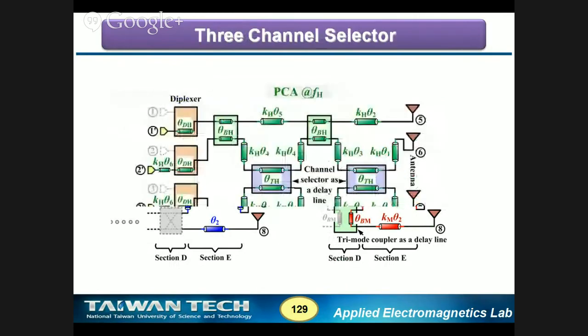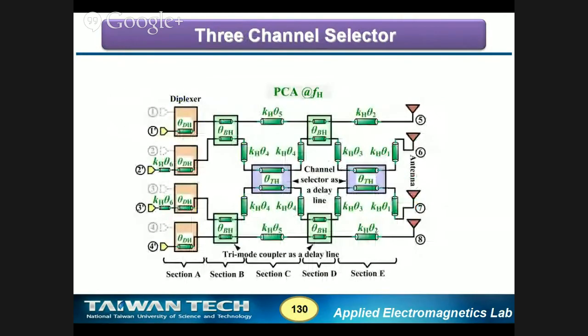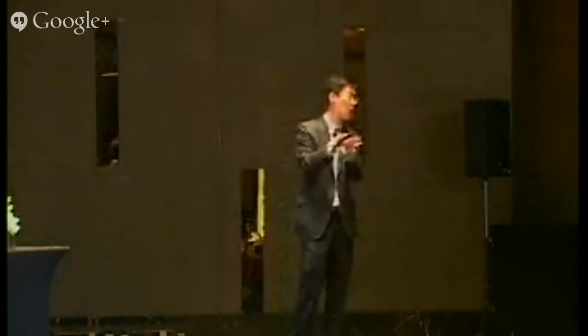And in the high band, the whole network, the phase difference between the 2 paths should once again be an integer multiple of 2 pi.